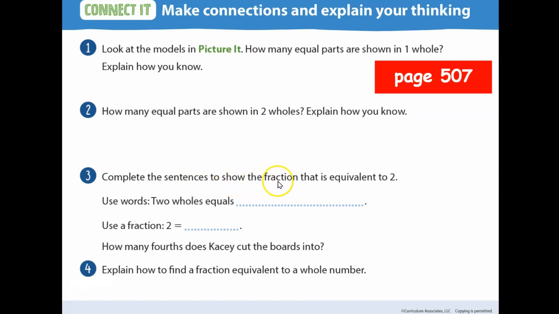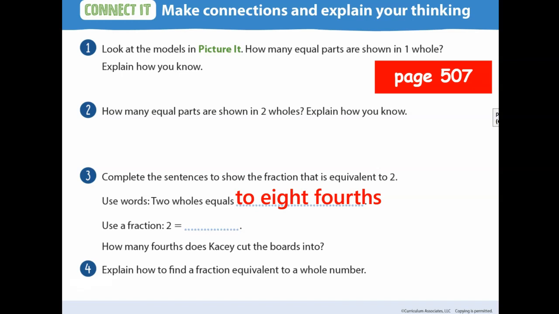It says complete the sentence to show the fraction that is equivalent to 2. Use words. So 2 wholes is equal to 8/4. Okay. So then I need to write a fraction. 2 is equal to what?